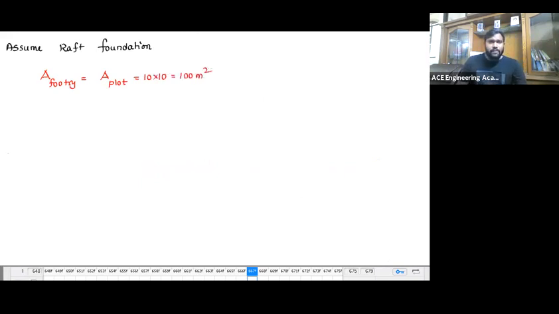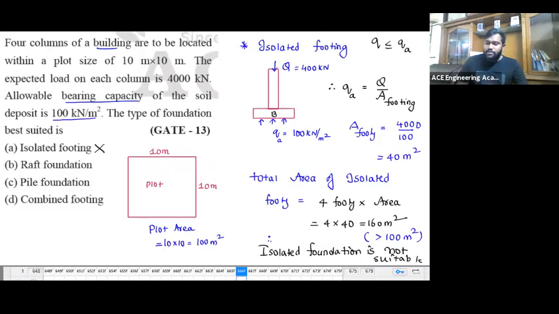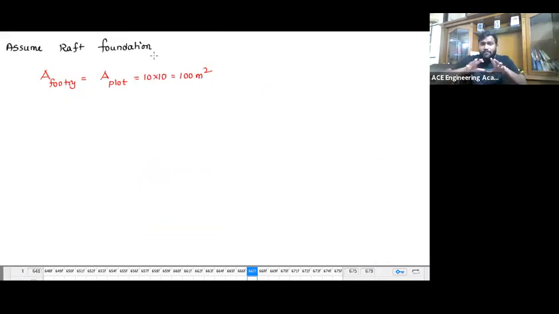In the case of isolated, I find out each area, but in the case of raft, the entire plot area is the footing. Now, if this is the case, what is the total load on the footing? Give me a minute, please.